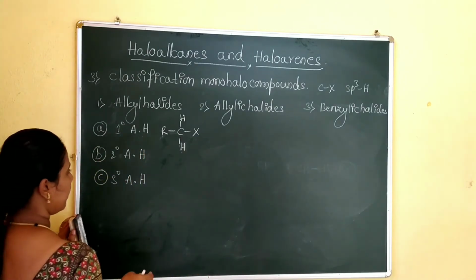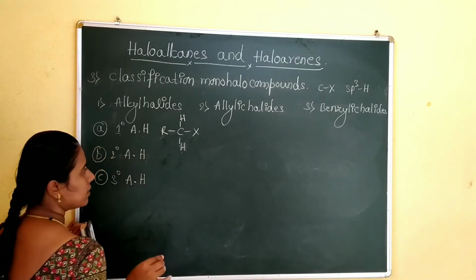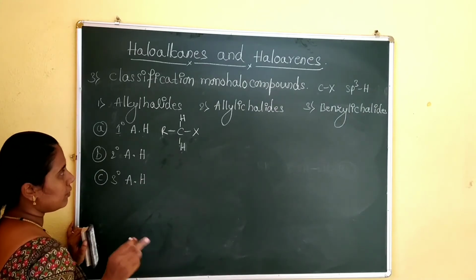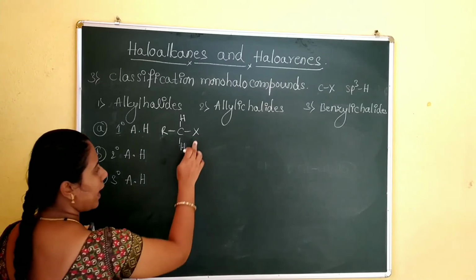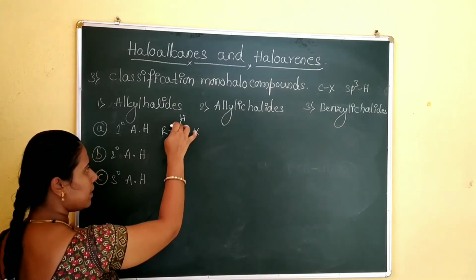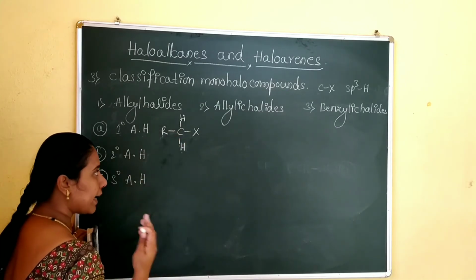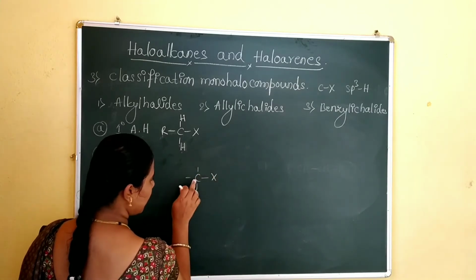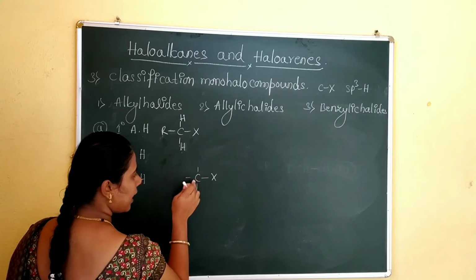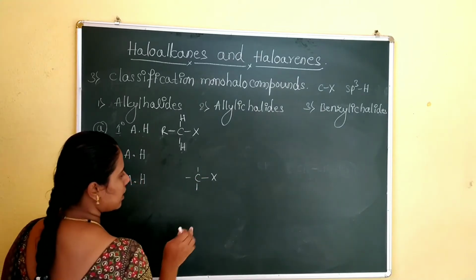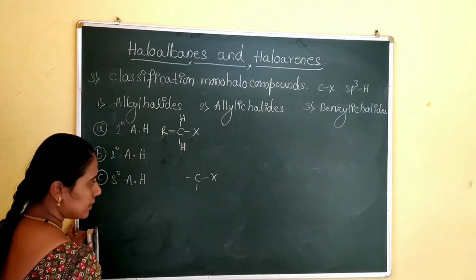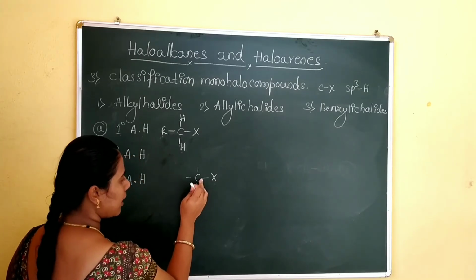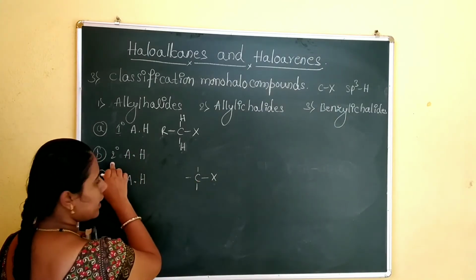What is secondary alkyl halide? Secondary alkyl halides are those in which the halogen atom is attached to an sp3 hybridized carbon atom, and this carbon atom is a secondary carbon atom. sp3 hybridized carbon means it contains 4 single bonds.